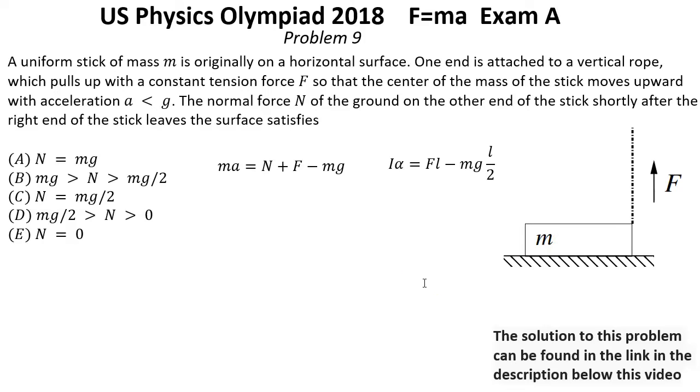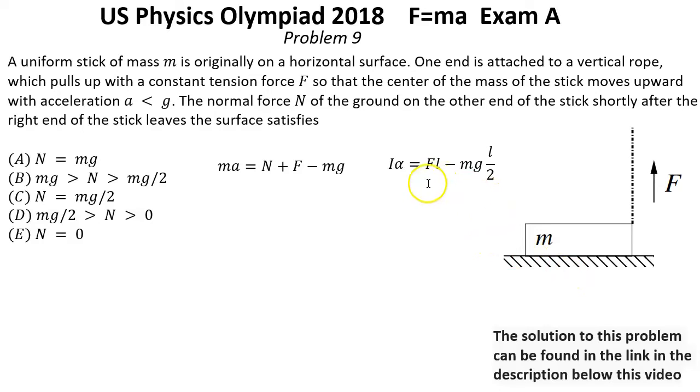We have two forces which create torques around the bottom left corner of this stick. It is force F, for which we have torque equal FL, where L is the length of this stick, and minus the torque created by the gravity force, which is mg multiplied by L over 2.